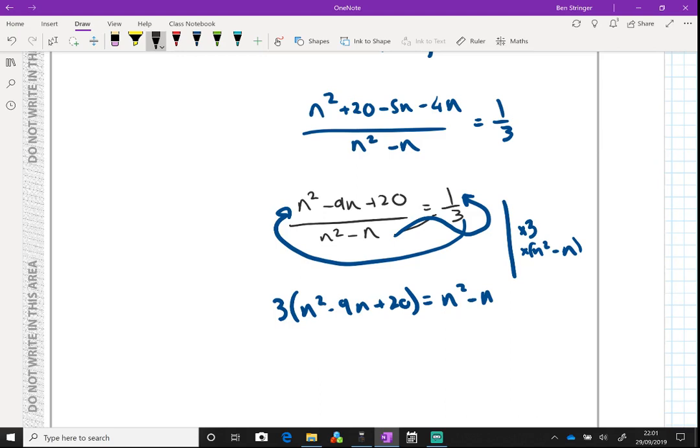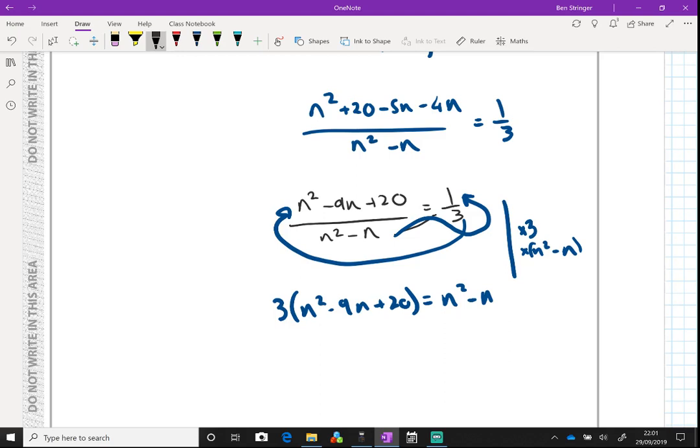Take n squared from both sides, that'll be 2n squared. Add n to both sides to get 0, so that'll be negative 26n. 2n squared minus 26n plus 60 equals 0.